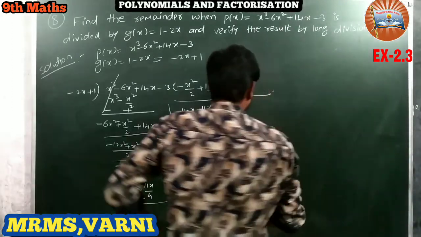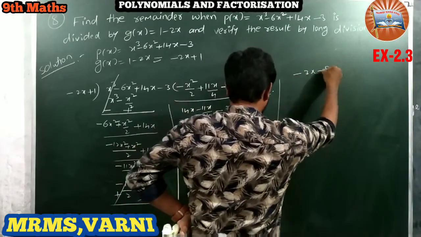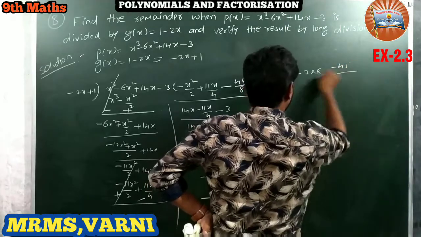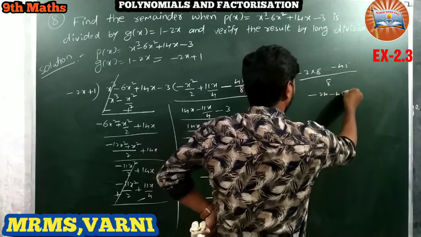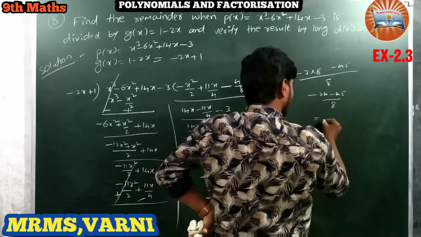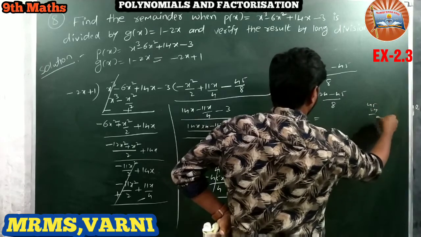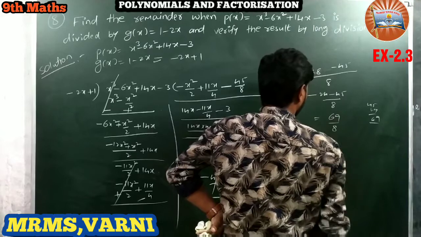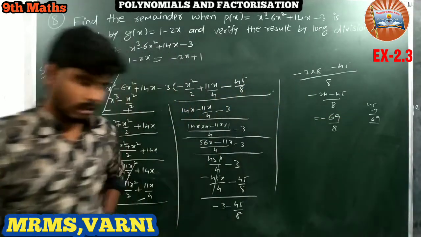Okay. So minus 3 into minus 8. So minus 3 into 8 minus 45 by 8. What becomes? Minus 24 minus 45 by 8 is nothing but minus 69 by 8. Is it correct, is it?